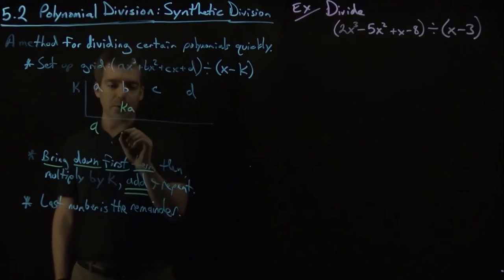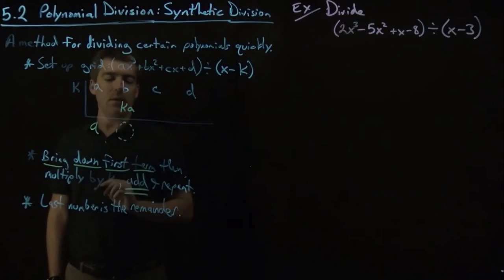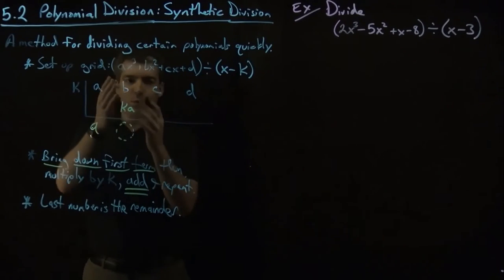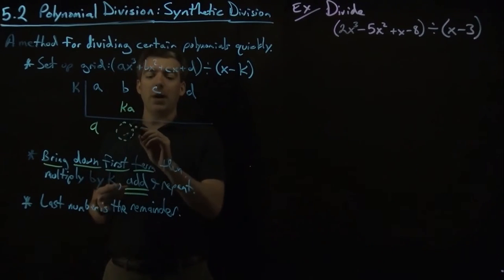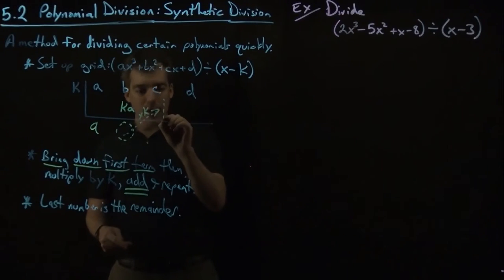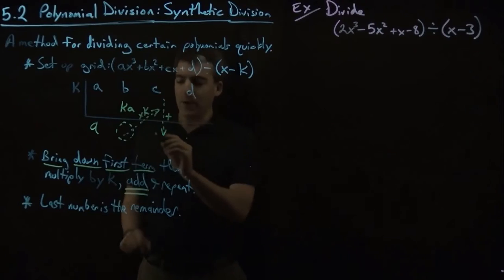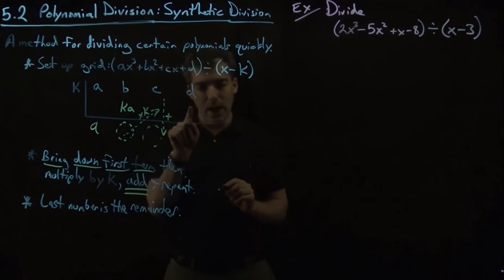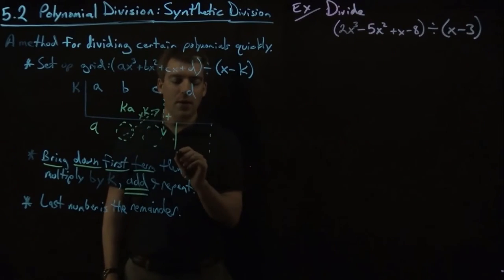So we add in this direction, and we would get some number. I'm not going to fill that in. We would have numbers here. We could add them. And then we repeat the procedure. So we multiply by k, and then add. So we'll have some number here, multiply by k, and then add. The last part here will be the remainder.